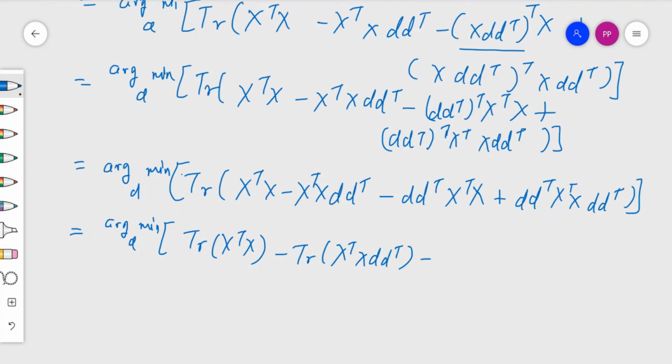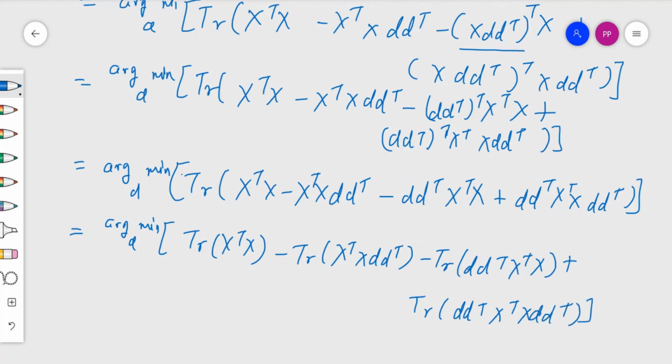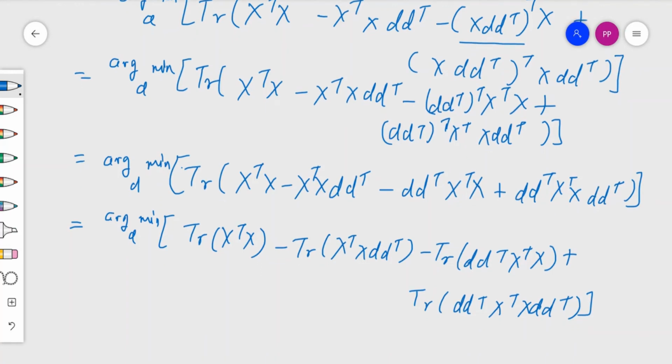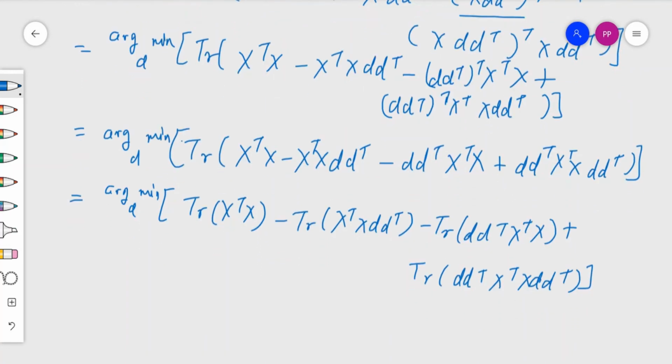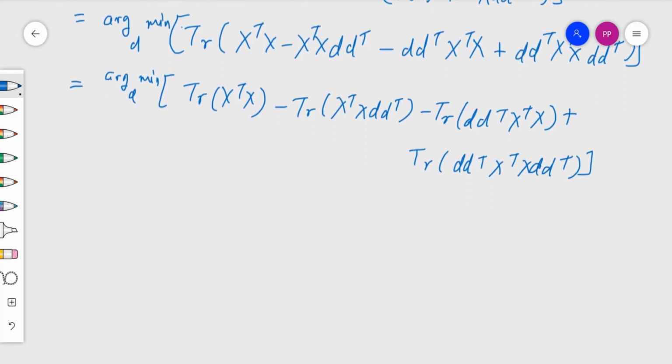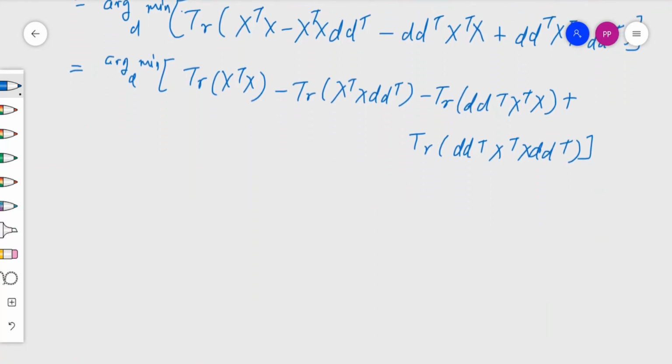So minus trace of third term d transpose X transpose X, then plus trace of d transpose X transpose X, then D transpose. So this is again equal to argument D minimize.